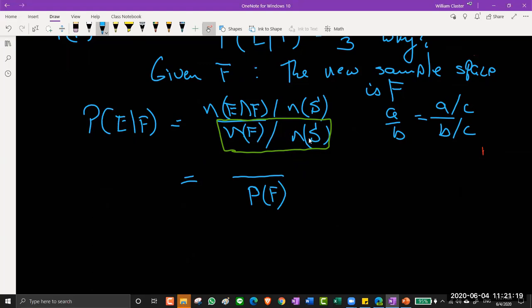This is P of F, the probability of F. If I ask you what's the probability of F, you should say N of F over N of S. Okay, and what about the top part? Can you give me another name for that? E intersect F. Okay.